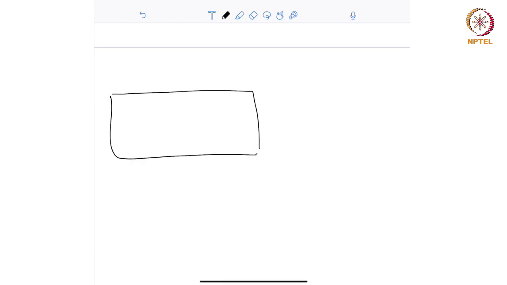Here is W, here is B, and suppose this is the set P_{UV}, and this is V, and there is say a path from U to V of length k.